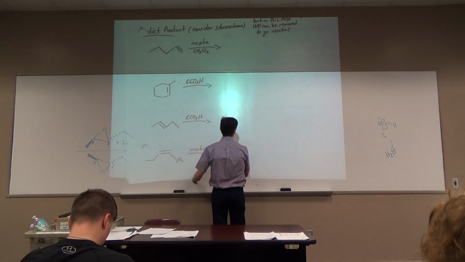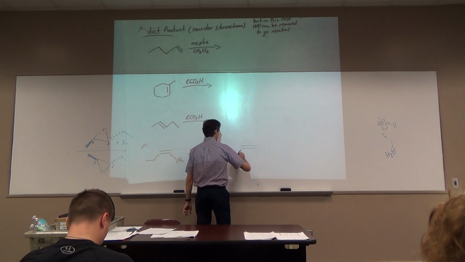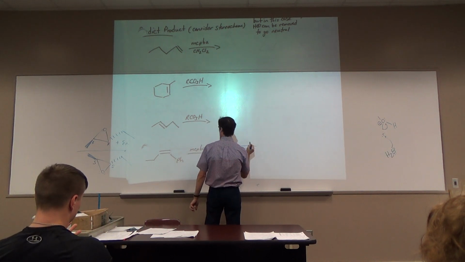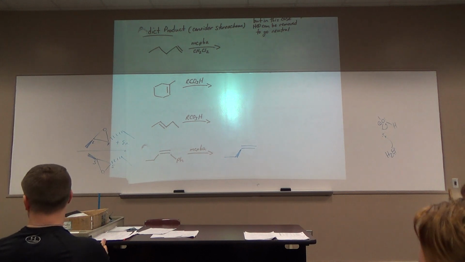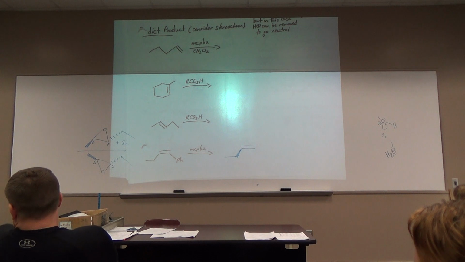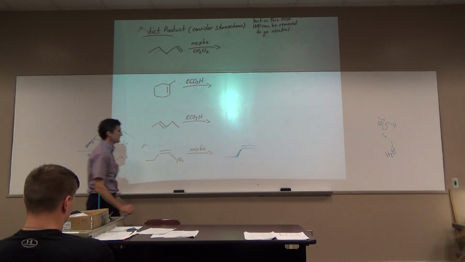I'm going to turn this first. These groups are cis, so I can draw them both. They're cis, right? How did you get that?